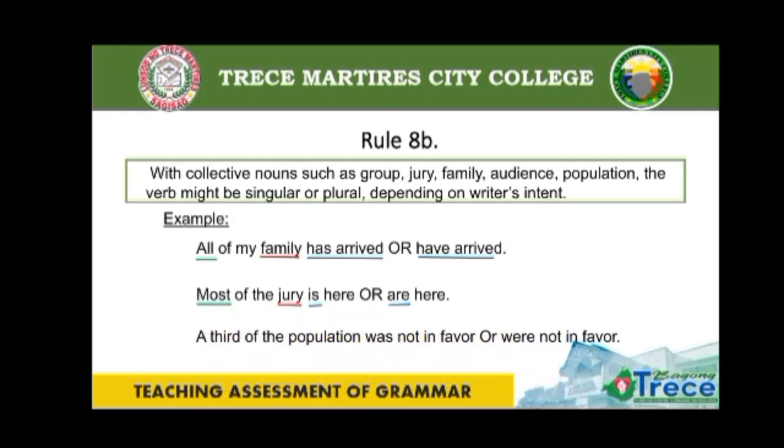Next example is: a third of the population has not in favor or were not in favor. Because of the word a third, and then the collective noun the population, it depends on the writer's intent if he or she is going to use a singular verb or a plural verb.